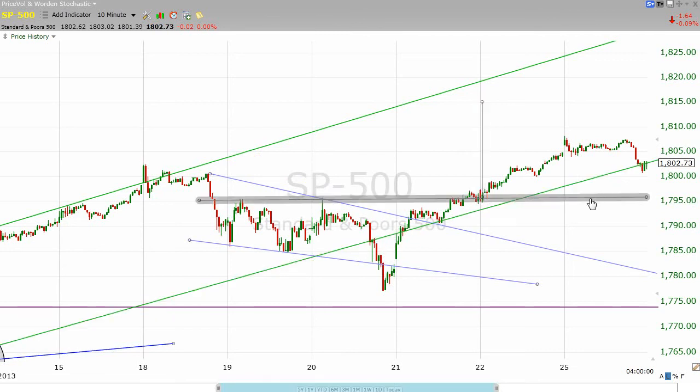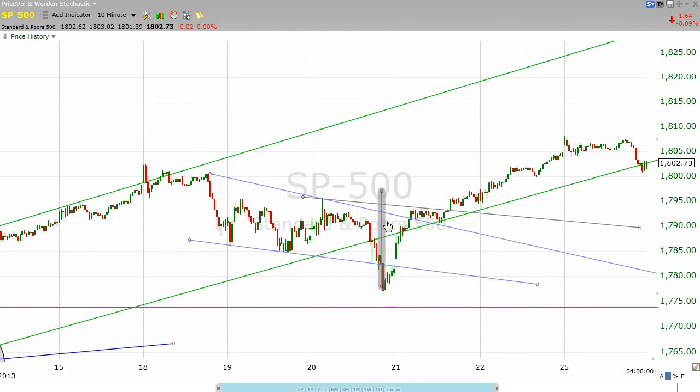However, if this is not the correct neckline, and instead this is, then we would have a target that is a little bit lower. We would also have a breakout that is a little bit earlier, and as a result we would have a target that is instead around 1810.